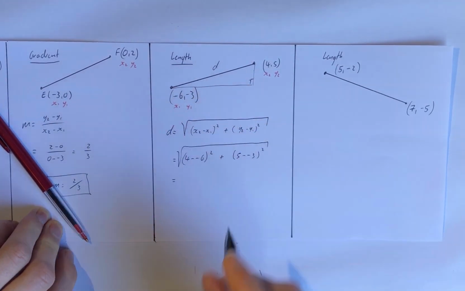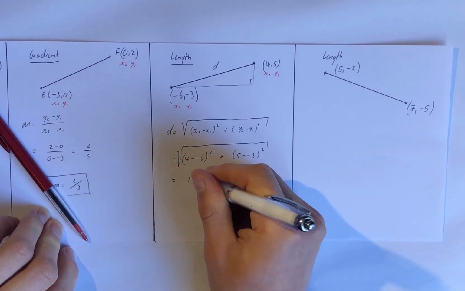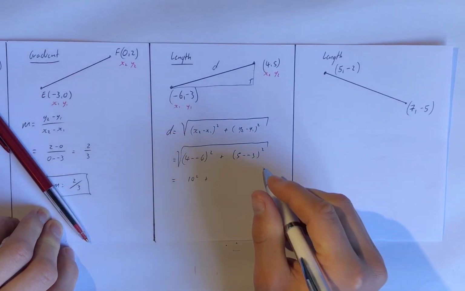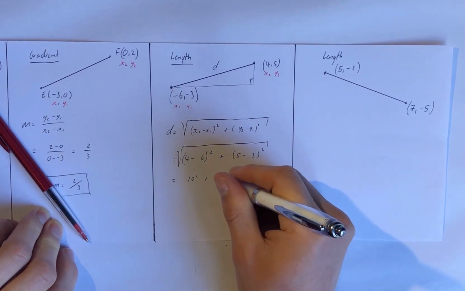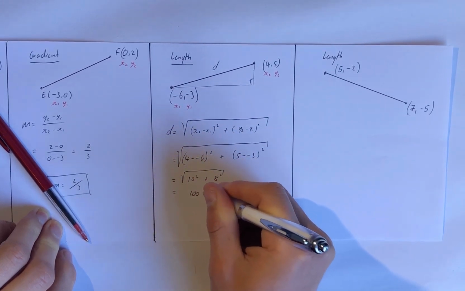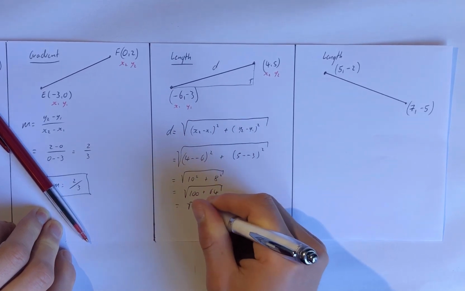You're probably going to need a calculator for this one. So 4 plus 6, 10 squared, plus 5 plus 3, all squared, which is 8 squared, and that's all square rooted. So that's 100 plus 64, all square rooted. So we're looking at square root 164.